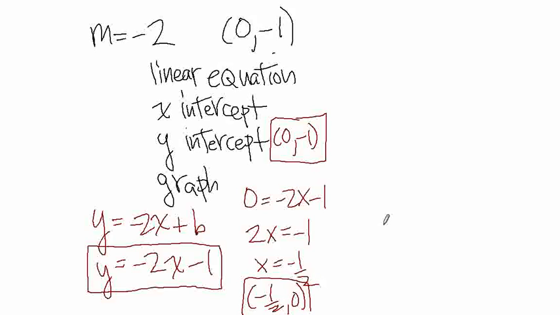All right, so that gives (minus 1/2, 0) for the intercept. Okay, so now we just have to make the graph. And we already have 2 points, namely the intercepts, so we'll just use those.